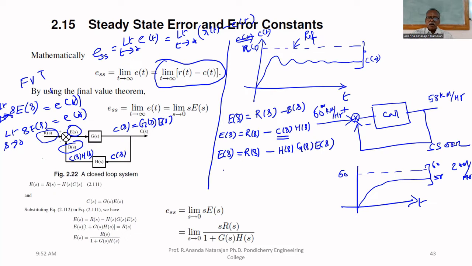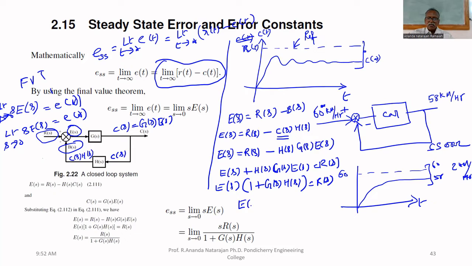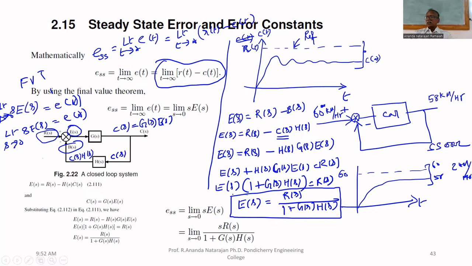Therefore, I bring all E of S to one side: E of S plus H of S, G of S, E of S equals R of S. If I take E of S outside, I get 1 plus G of S, H of S, times E of S equals R of S. Or E of S equals R of S, the reference, upon 1 plus G of S, H of S. The expression for the error signal is R of S upon 1 plus G of S, H of S.